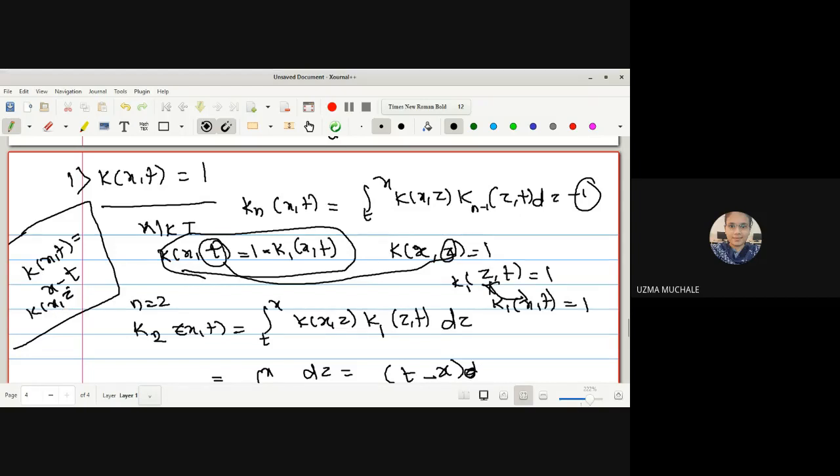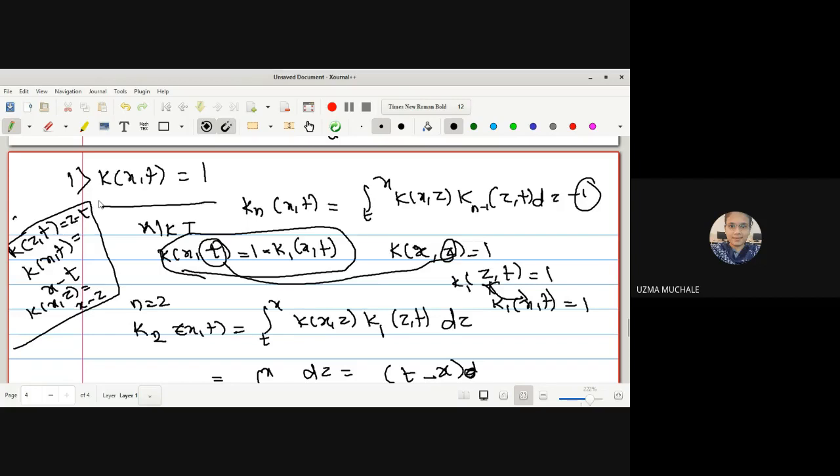But if I want to write k of xz, I have to replace t by z, so it will be x minus z. But in this example, as the value of the kernel is a single constant 1, it is fine. If it is some function, then it will be different for k of xz and k of zt. So what will be k of zt? Replacing x by z, it will be z minus t.